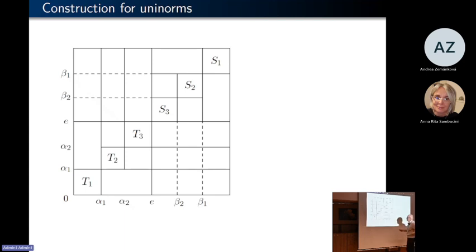So we will have here three t-subnorms and t-superconorms. In this part, we have just values from this interval 0, alpha 1, and they are defined by these values on the segment.